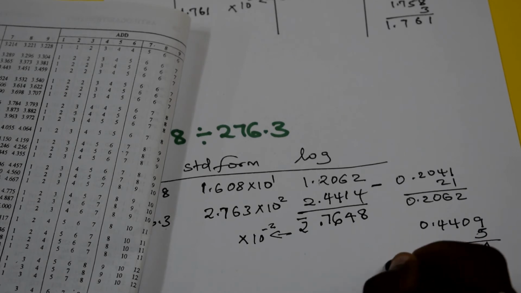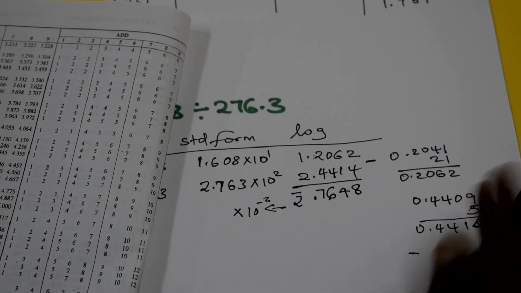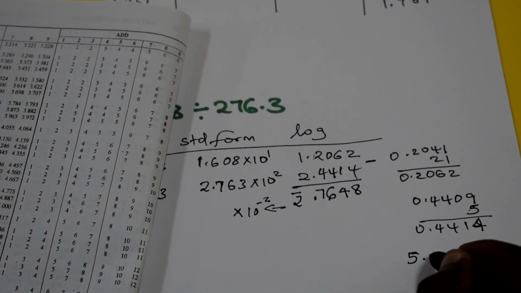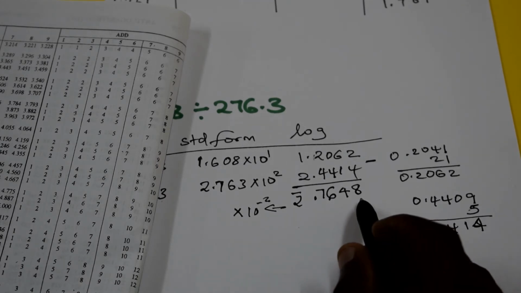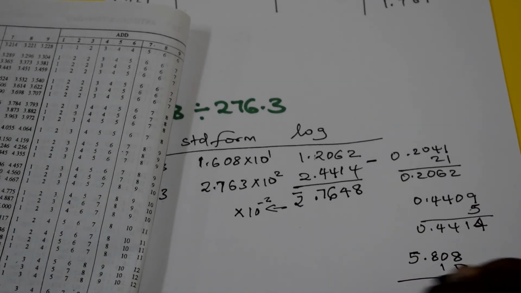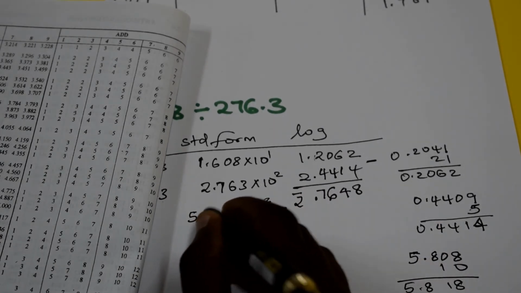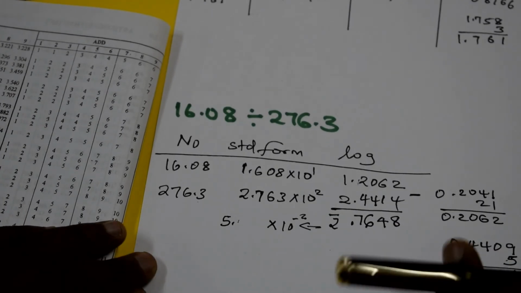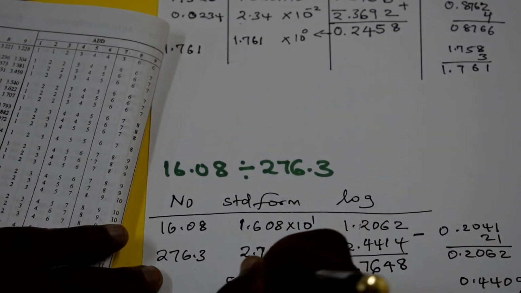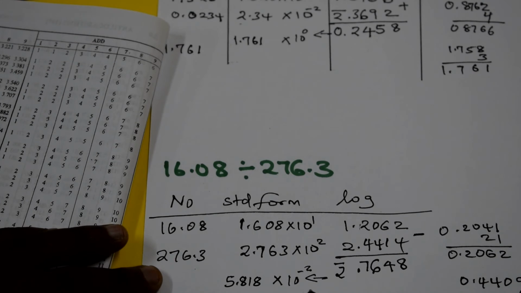This is giving us 5.808. Then at 8 we are getting 10. So you add 10, you get 5.818. So 5.818 times 10 power negative 2.